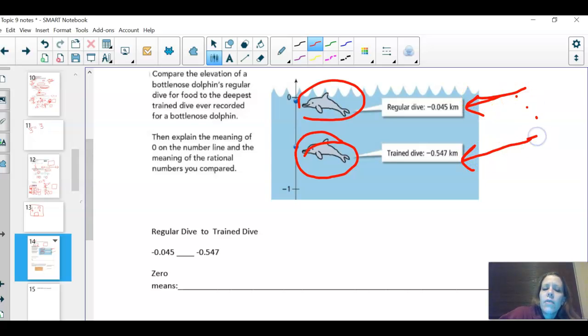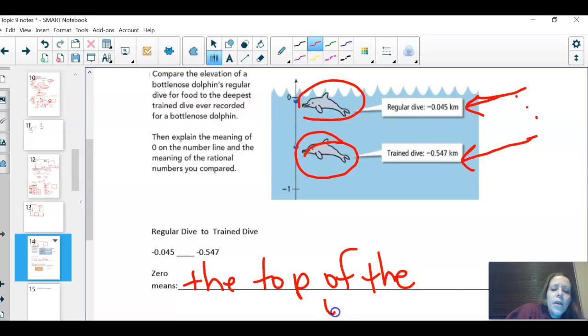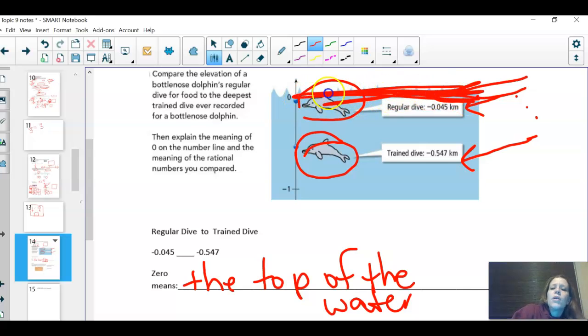So if these are negative, what is 0? If you said 0 is the top of the water, you would be correct. The top aquí es 0. Esta parte aquí del agua. Okay, this part right here is 0.